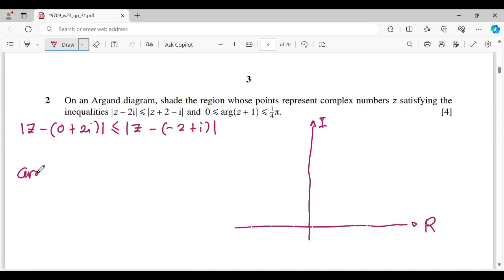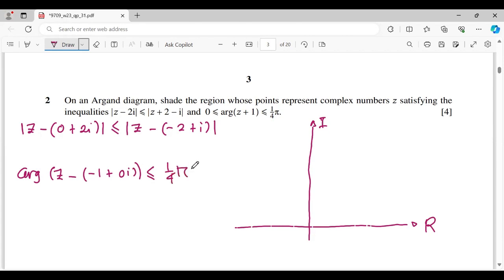And argument of z minus minus 1 plus 0i is less than or equal to pi over 4.